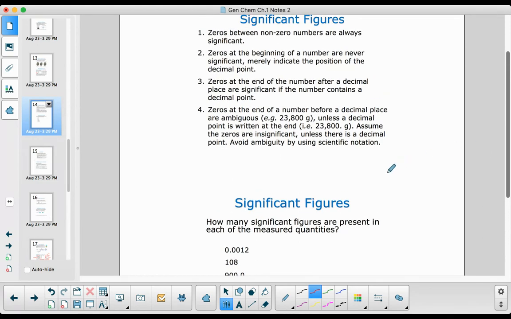How do you identify a zero that's significant or not? One thing to always keep in mind is that non-zero digits are always significant. Anything that's a non-zero, we always call that position significant. I will use the abbreviation sig fig from this point forward.